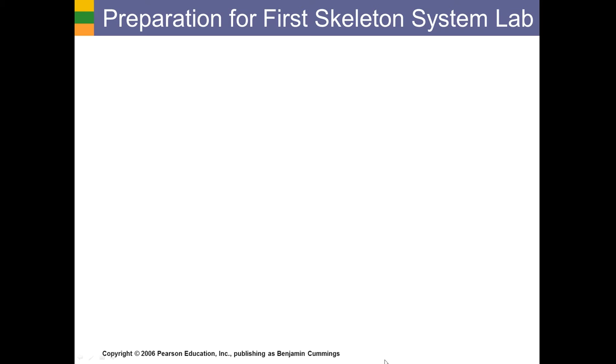It's quite a large number of structures. If you came to lab already knowing the bones, it would definitely be to your advantage. So I want to give you some hints and some resources that can help you learn the bones and learn them quickly before you come to lab.